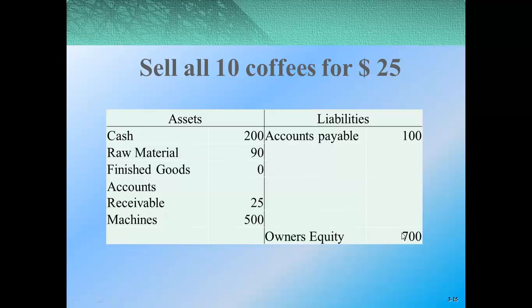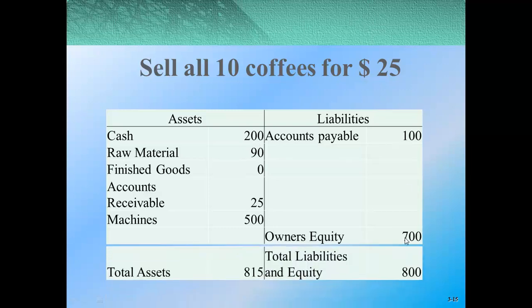at 800. Now is there a problem here? Let's add up. 525, 615, 815. 100, 700 is 800. There's a problem, right? What's the problem? The balance sheet is not balanced. So what's going on here really? We have $815 worth of assets. Why did we have that? Because we have accounts receivable which is more than the finished goods.